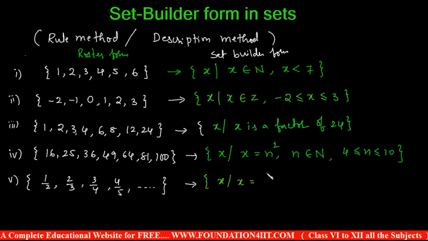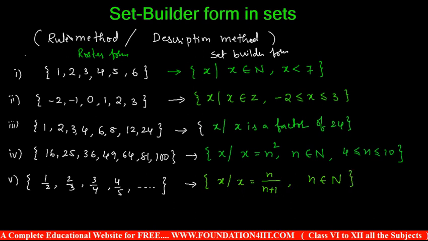So if n is the numerator, the denominator is n plus 1. Here n belongs to natural numbers, because it starts from 1. 1 by 1 plus 1 is 2, like that. So all these numbers will come, and you get this series.